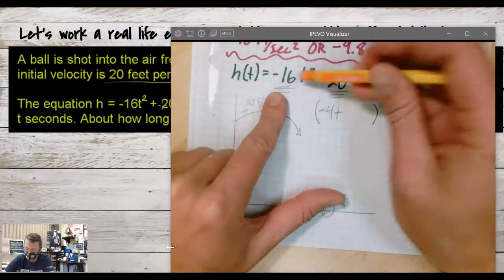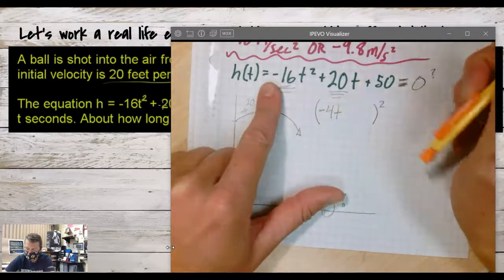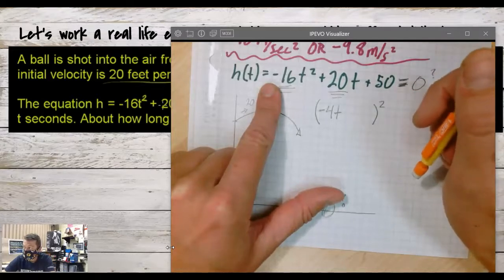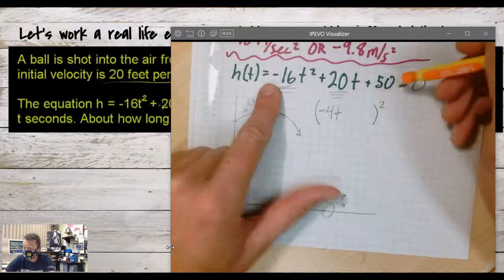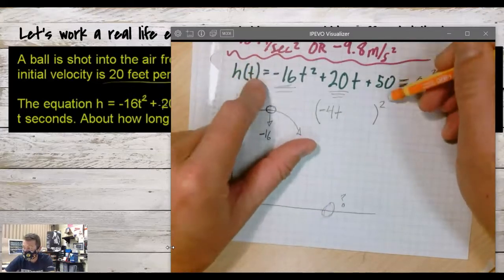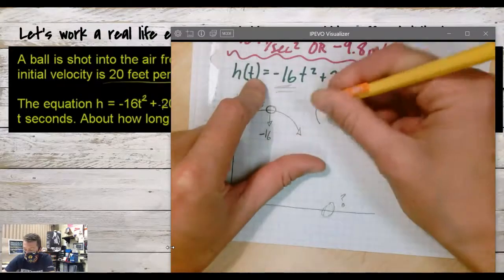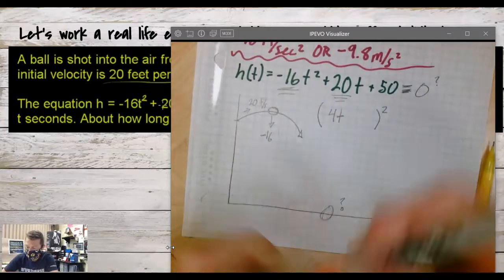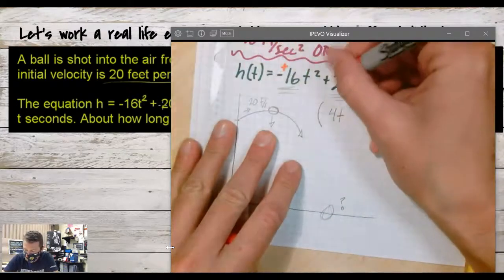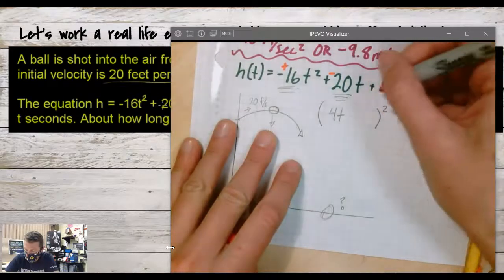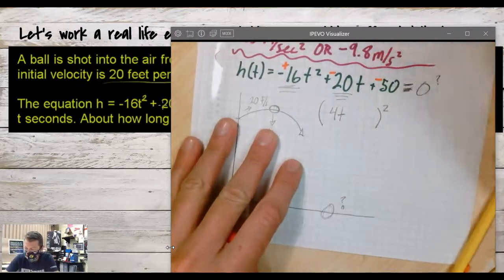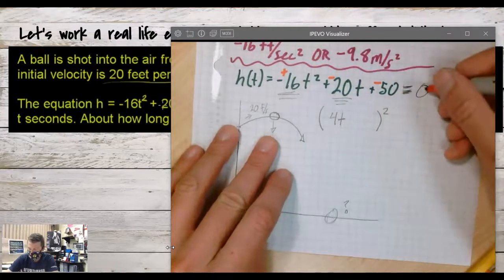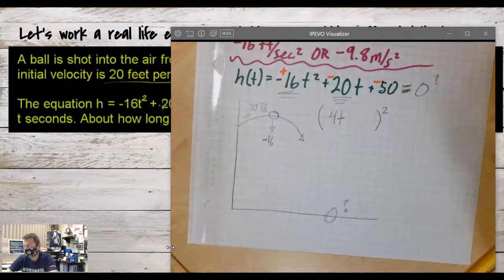Is there anything I could do to not have negative out here? What if I multiply everything by the opposite? So instead of having negative 16t squared, we would have positive. Instead of having positive 20t, we'd have negative. And instead of having positive 50, we'd have negative. If I do the opposite of everything, okay, what's the opposite of 0? Oh, well, that doesn't matter.